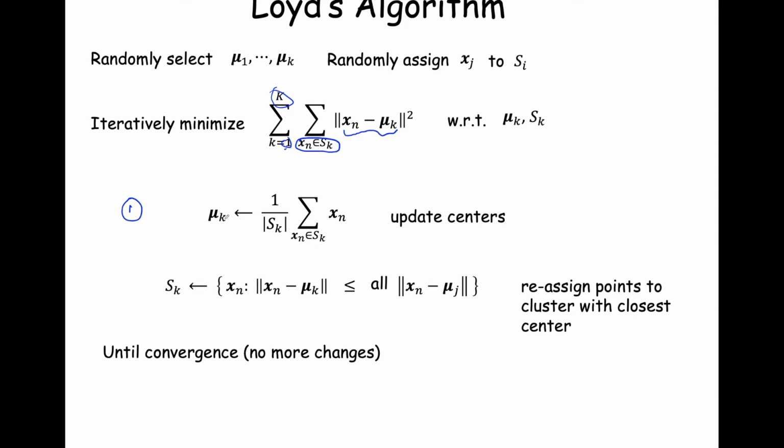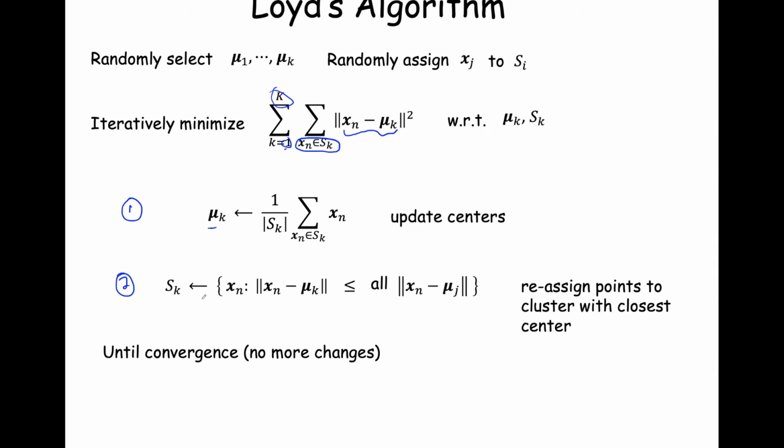And so the new value of the center is just the mean of each of the features within that cluster, starting with that random assignment. So you get a set of mu k's for each of the big K mini clusters. And then you go to the second step, which is to now fix your mu values, don't change them, and then you reassign points to clusters.